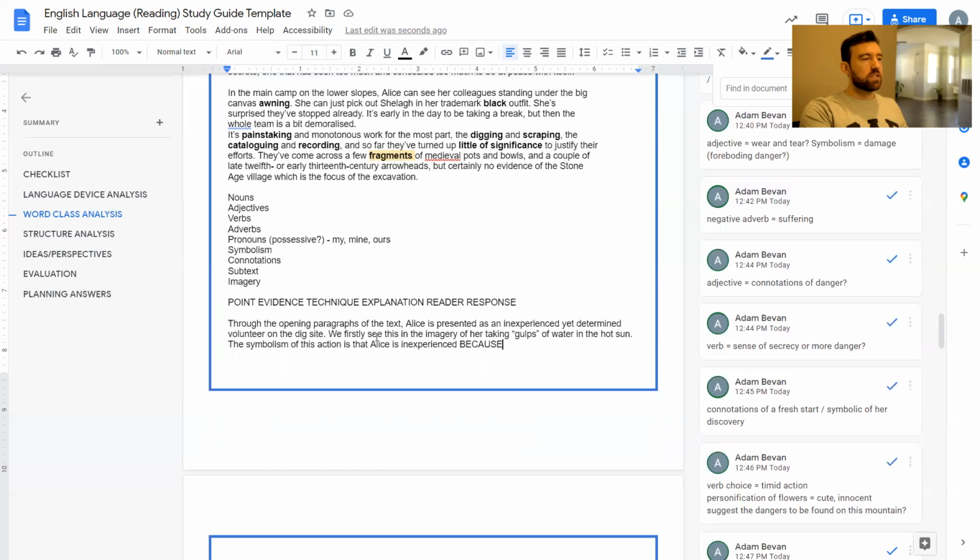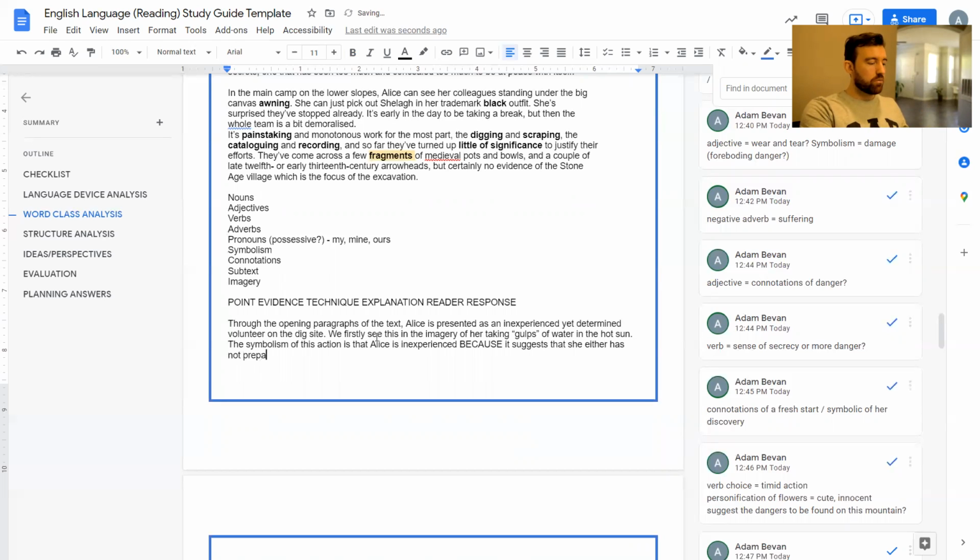So the symbolism of this action is that Alice is inexperienced because it suggests that she either has not prepared enough water for herself, or that she is not taking the adequate breaks to comfortably rehydrate as she digs in the heat haze.